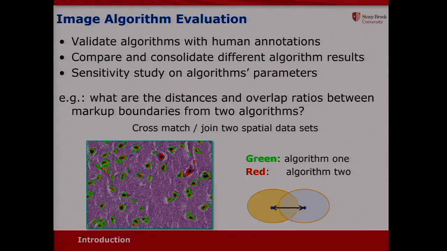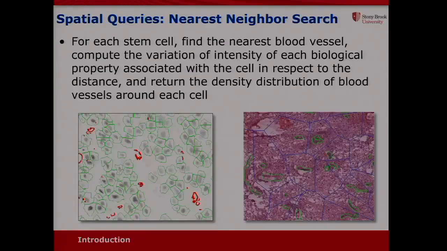But there's too much data generated, since one image may contain millions of objects, and each object may have hundreds or thousands of features. So eventually we have tons of data generated from such images. Many of them are spatial-based information because we want to find spatial relationships between such objects.